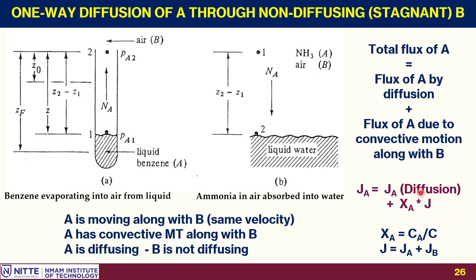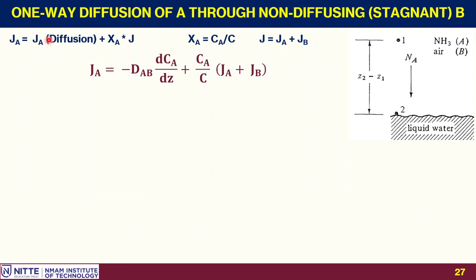Put together, it is the total contribution, right? So XA can be written as concentration of A upon total concentration. The total flux J can be written as flux because of A plus flux because of B. Put together, it is the total flux. So we'll make use of these three equations next to develop a certain equation.